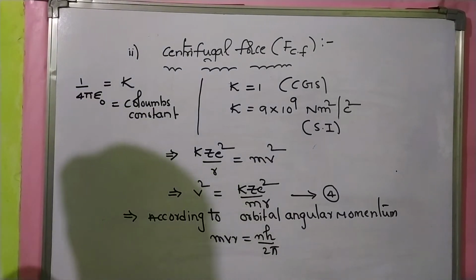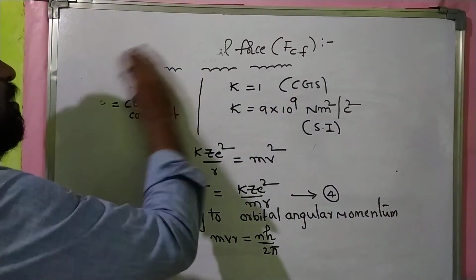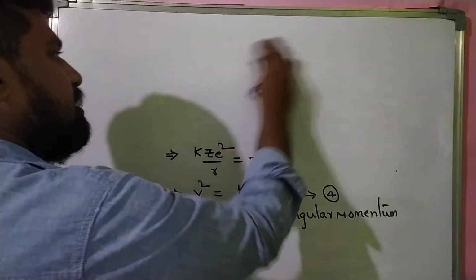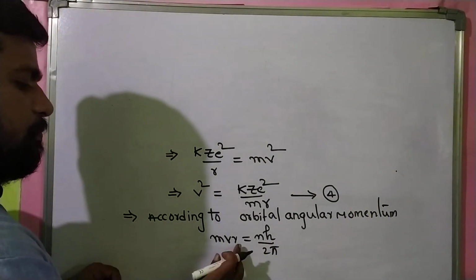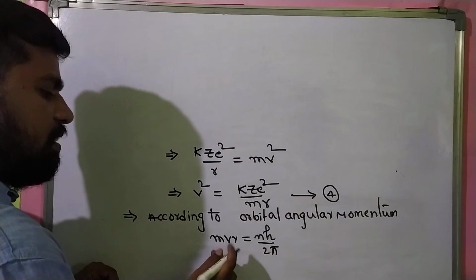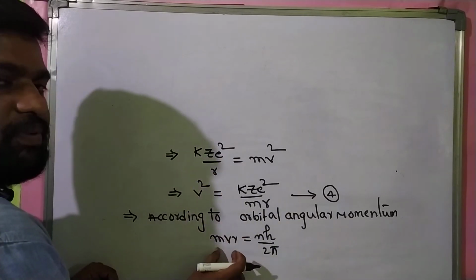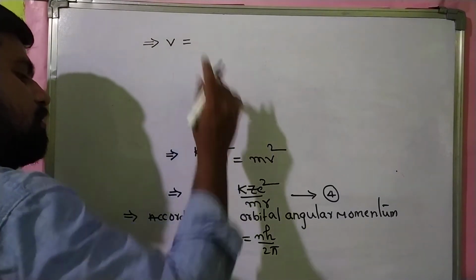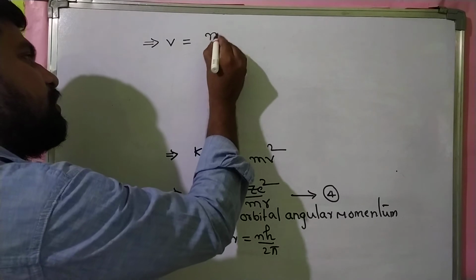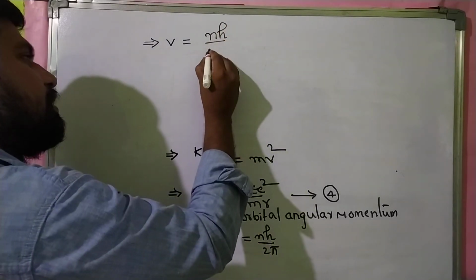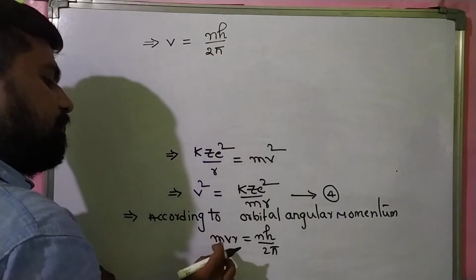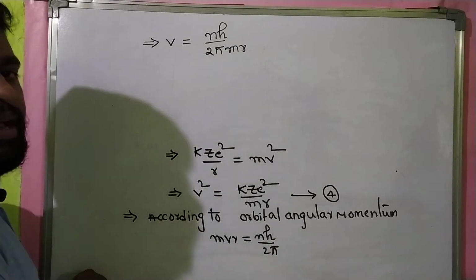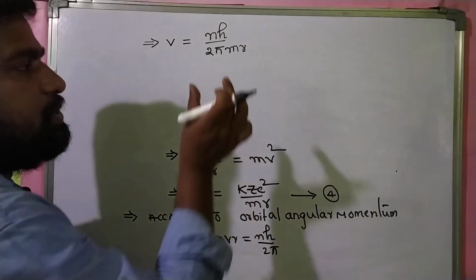So listen everybody. From this equation we find the V value. V equals n into h by 2 into pi m into r. Okay, I think everybody understands up to this.